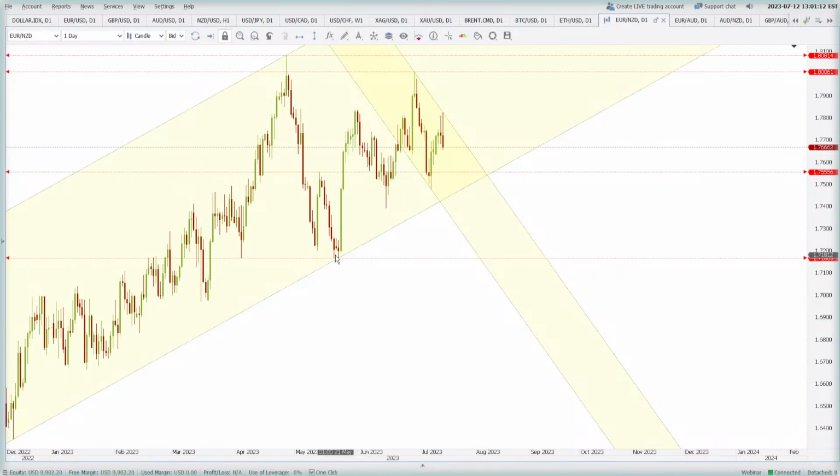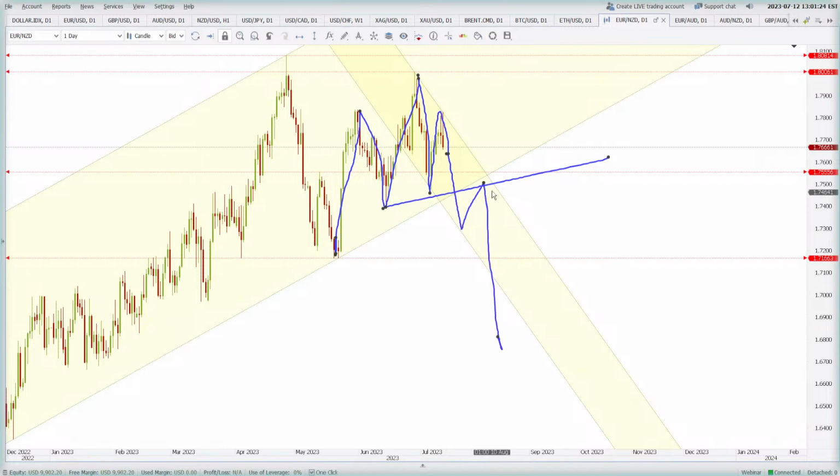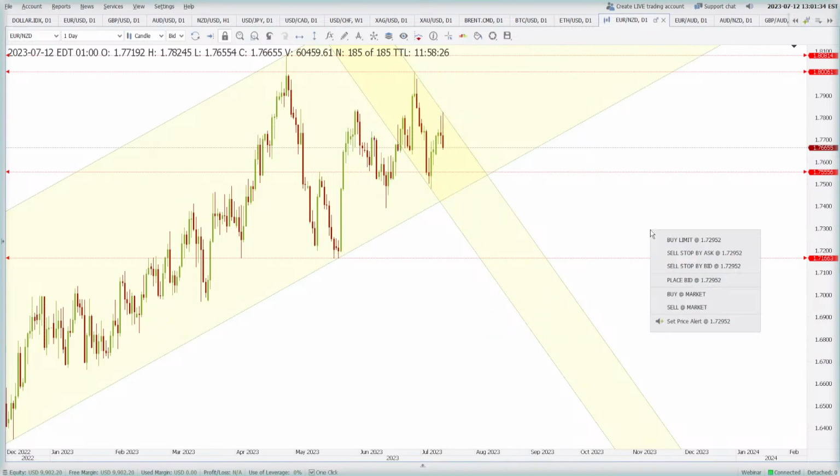Now, where is the head and where are the shoulders, guys? Shoulder 1, head, shoulder 2. So where is the neckline? This is the neckline. Once that neckline breaks, we become sellers at the retest of the broken neckline, and we target equal to the height of this, from here, like this. I hope you get it.